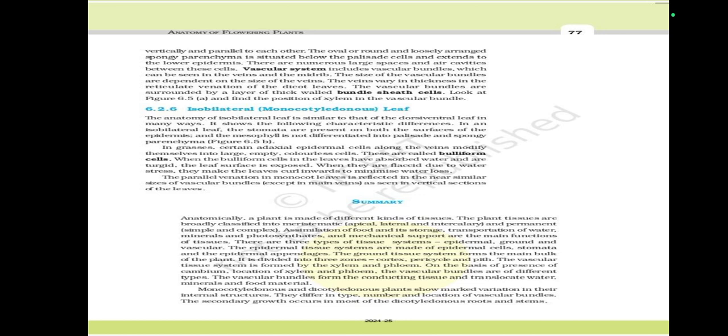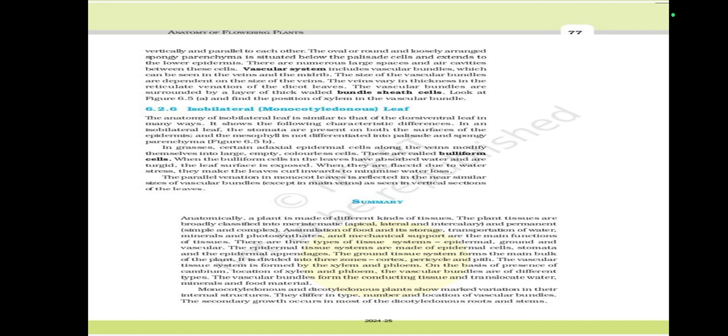Isobilateral monocotyledonous leaf anatomy. The anatomy of the isobilateral leaf is similar to that of the dorsiventral leaf in many ways. It shows the following characteristic differences. In an isobilateral leaf, the stomata are present on both surfaces of the epidermis, and the mesophyll is not differentiated into palisade and spongy parenchyma, which is located in figure 6.5b.